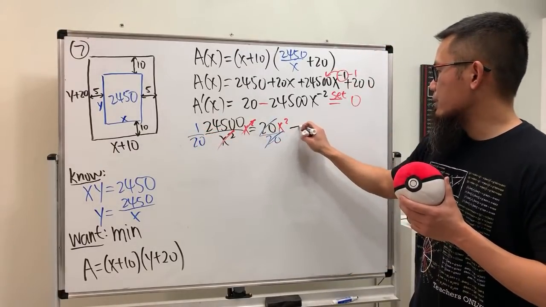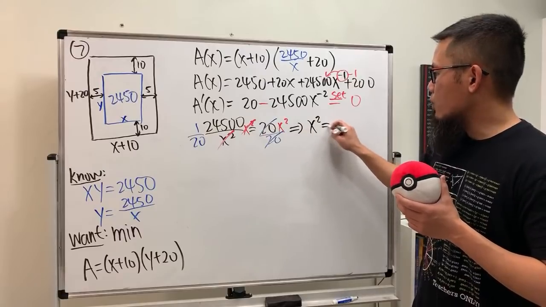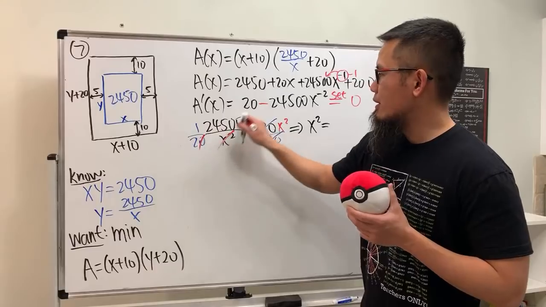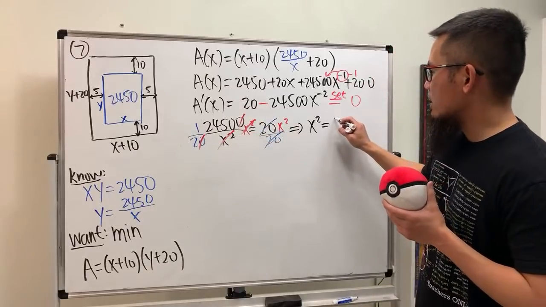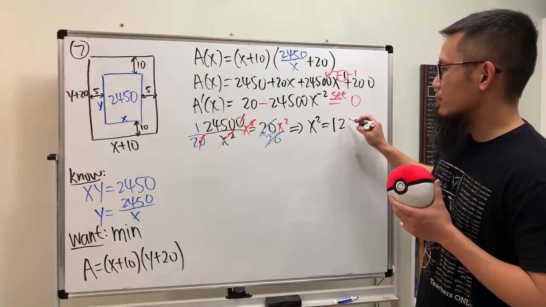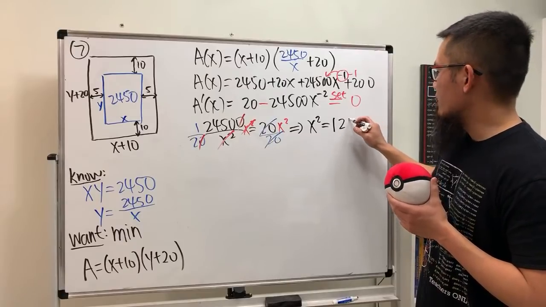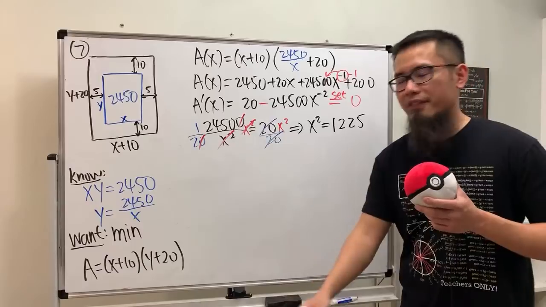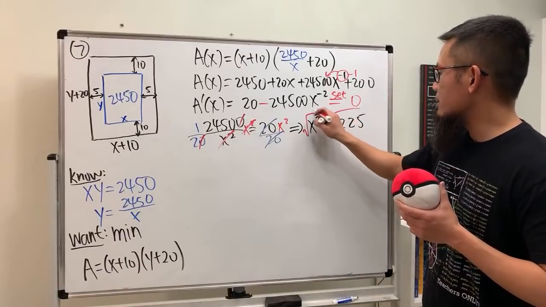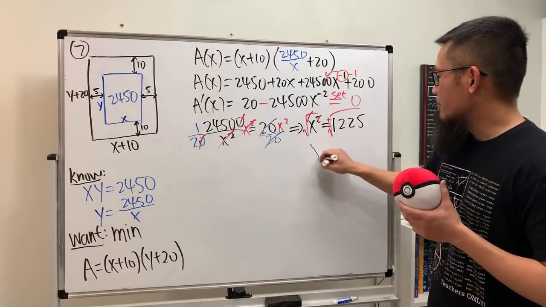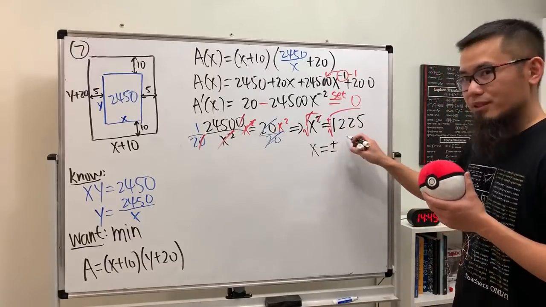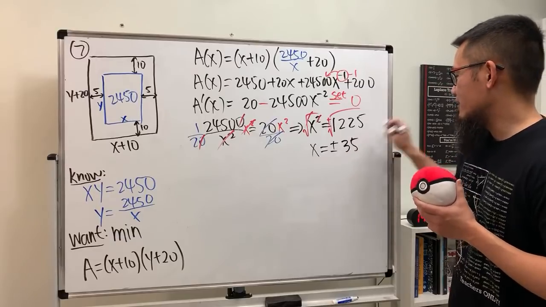And you will see x squared equals 1225. And then if you take the square roots on both sides, don't forget the plus minus. The minus doesn't make sense, I know. But anyway, x equals plus or minus. You know the answer for this? It's actually 35, right?